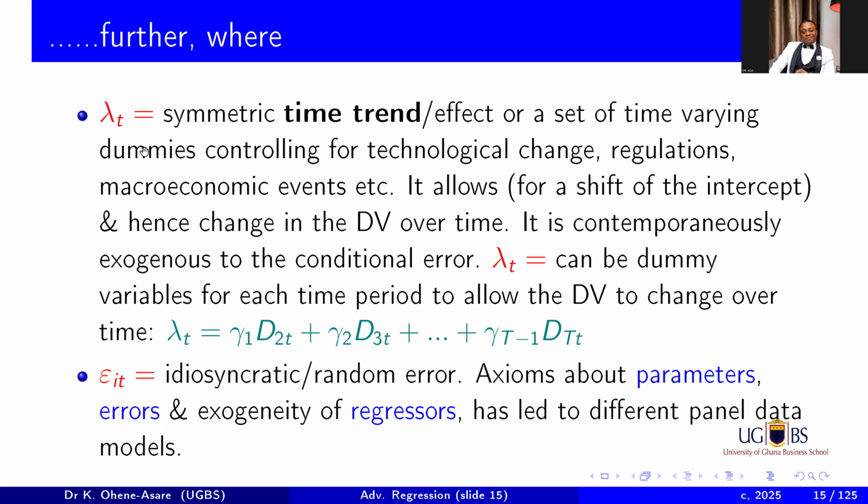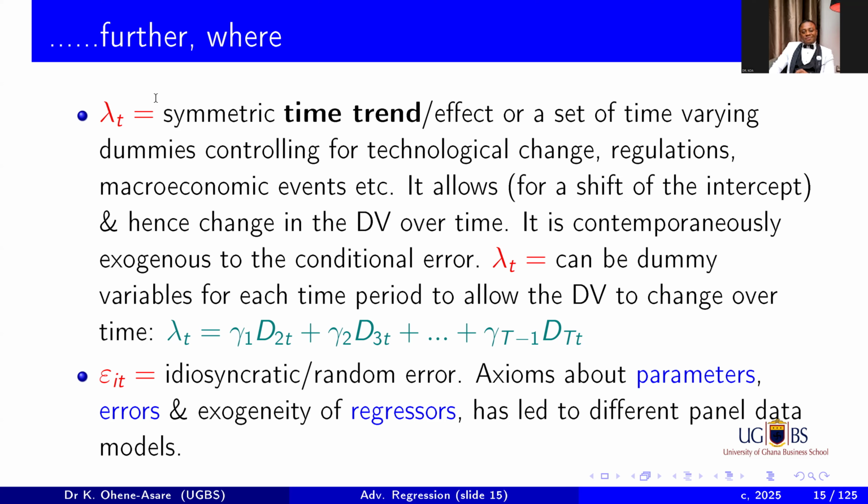What about the lambda t? I've said it. The lambda t is a symmetric time trend. It's a set of time varying dummies. It's changing over time. It controls for technological dynamics, regulations, macroeconomic events. It allows for a shift of the intercept. That's why changes in the dependent variable over time are caused by these.